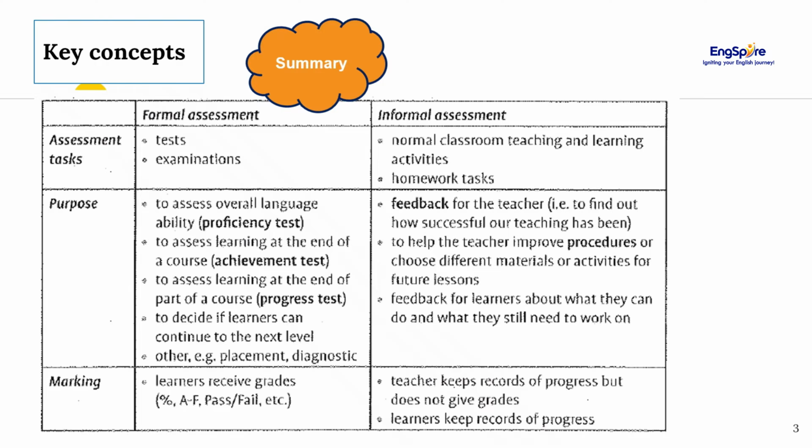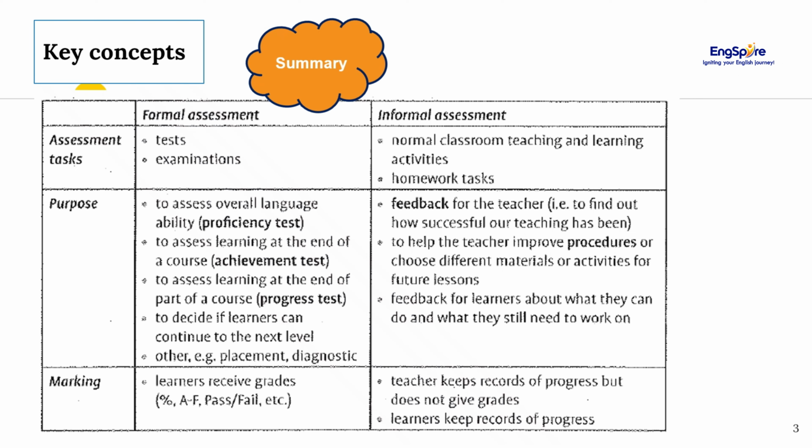The purpose is to measure learners' overall language ability or achievement. For example, a proficiency test can show a learner's general language level, while an achievement test can check what students have learned at the end of the course.